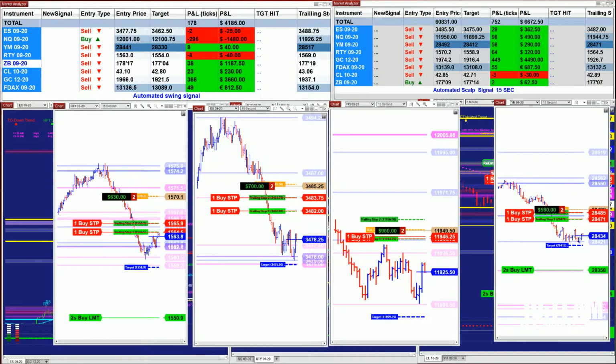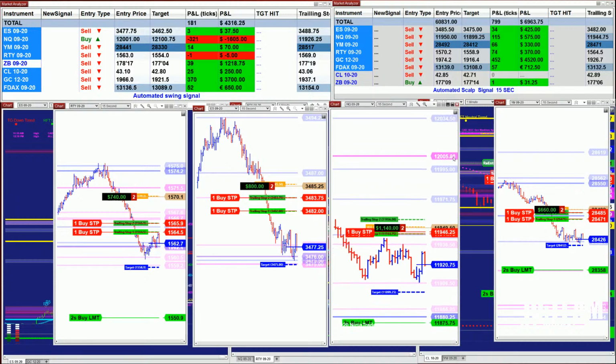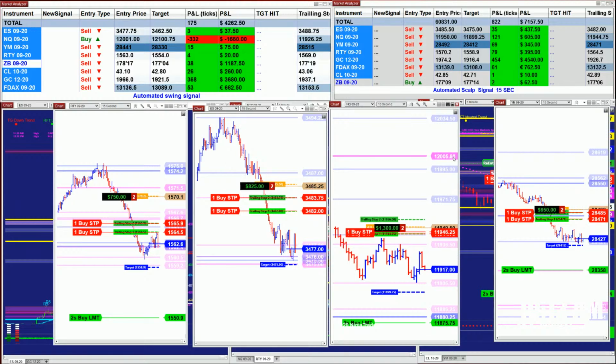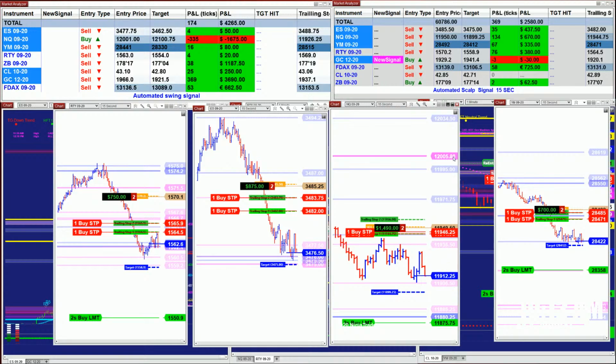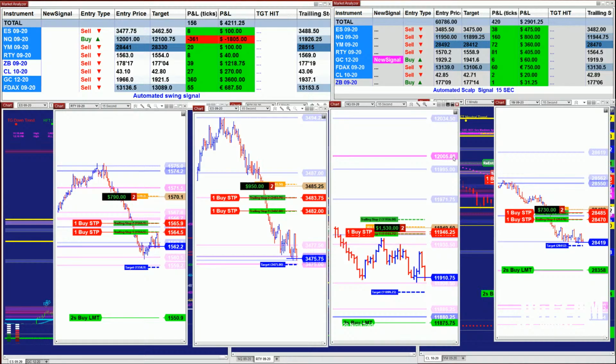The market is really moving fast, and beautiful trades. And then after a few seconds, we'll analyze what's going on in the market.